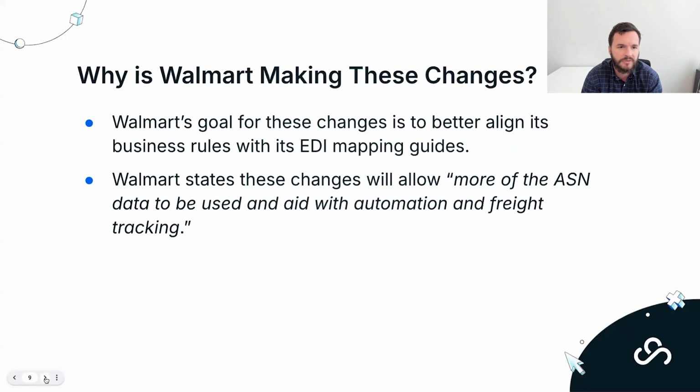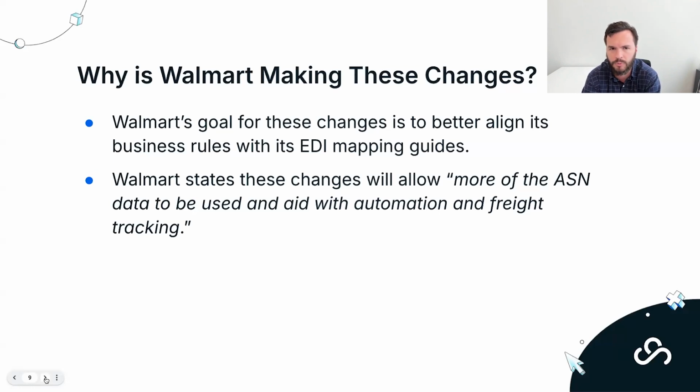So what was the rationale behind these changes? Well, before, ASN errors like "ASN not downloaded" were nondescript. Part of what's going on here is that the EDI 824, which is a way that Walmart lets suppliers know that there's something wrong with an ASN, was nondescript.